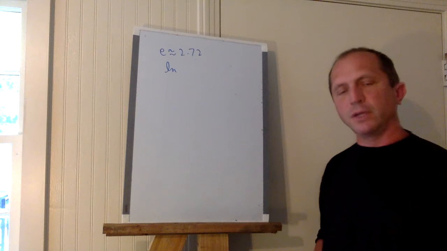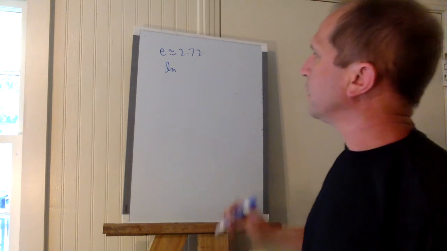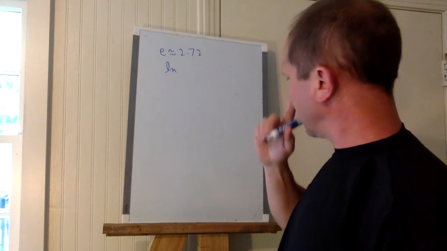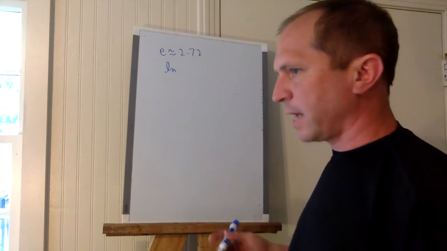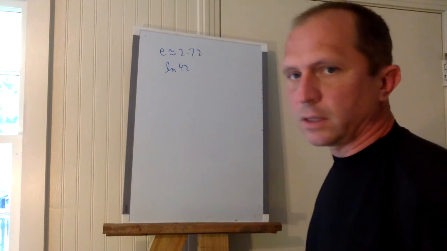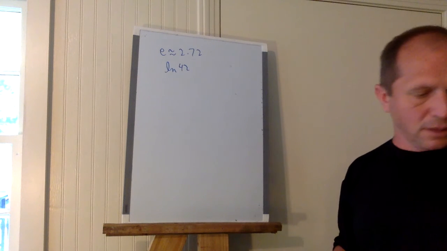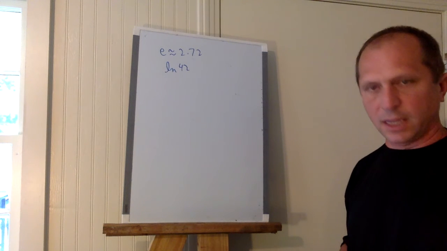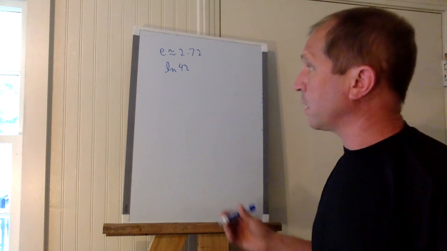On your calculator, you have a button that says ln. So if you want to know the natural log of 42, you type in 42 and then hit the natural log key, and that gives you an answer.